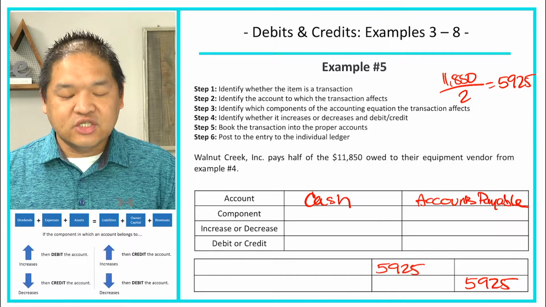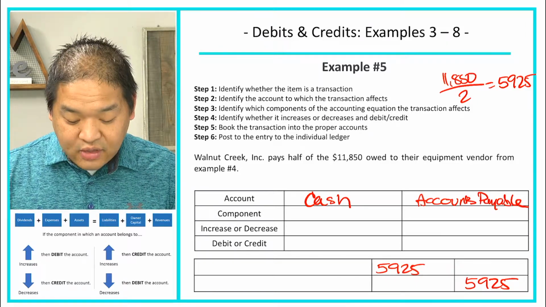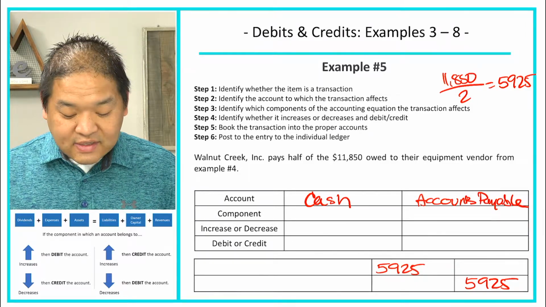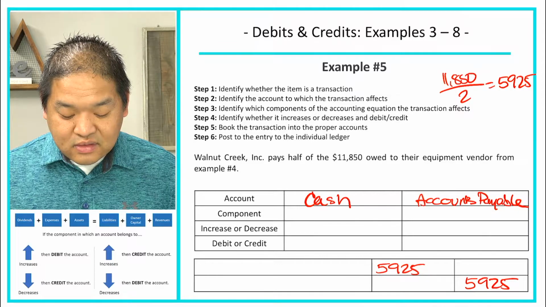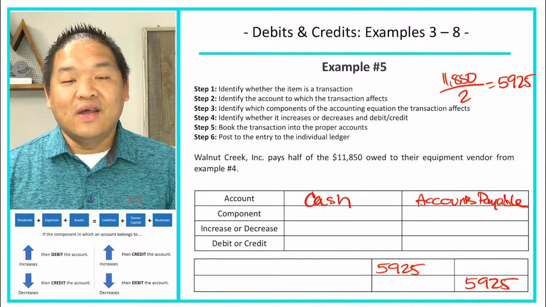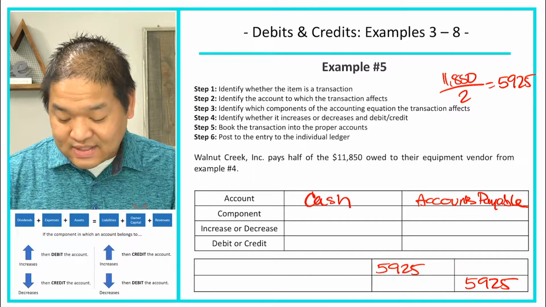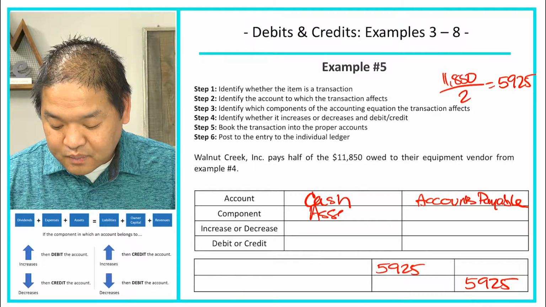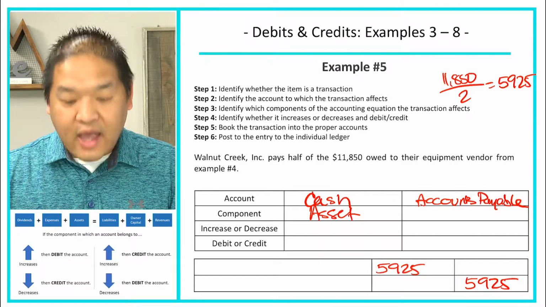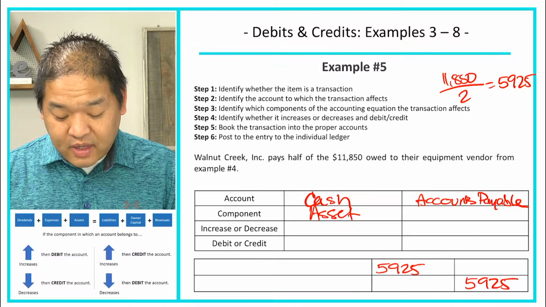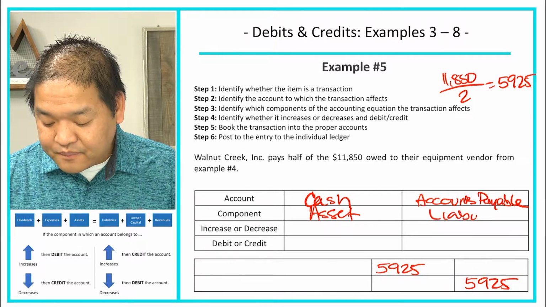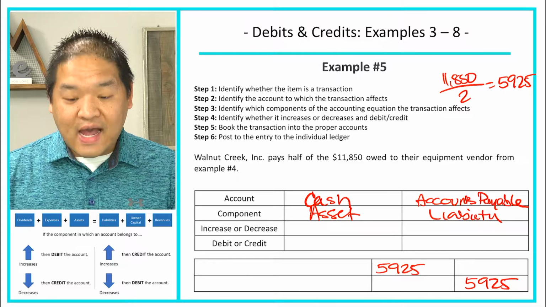All right, so cash, is it an asset, liabilities, owner's equity, dividend, expense, or revenue? That's everything. So cash is an asset. What about accounts payable? So accounts payable is a liability. All right, so cash is an asset.